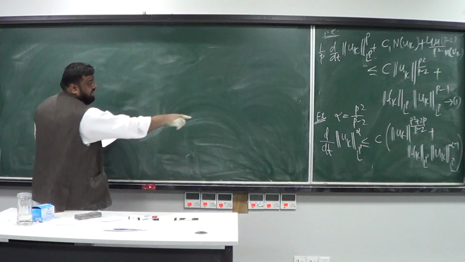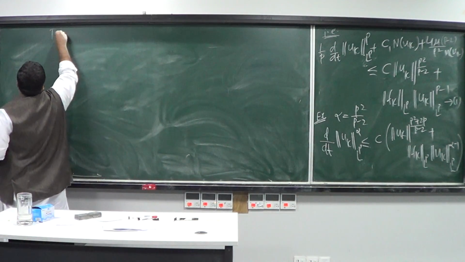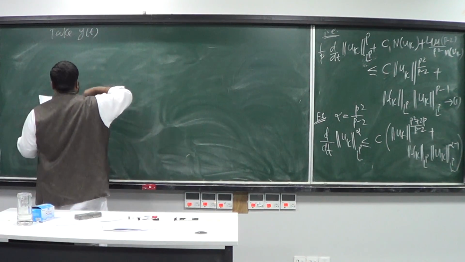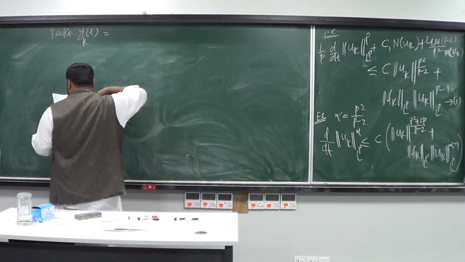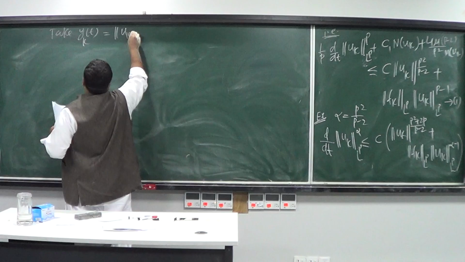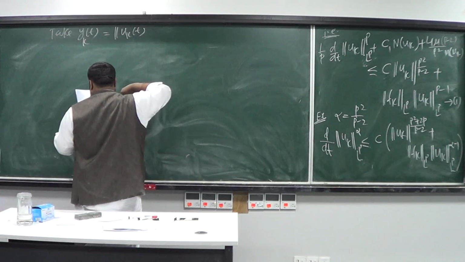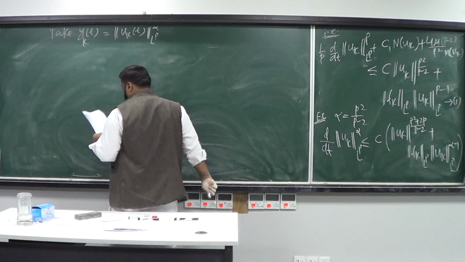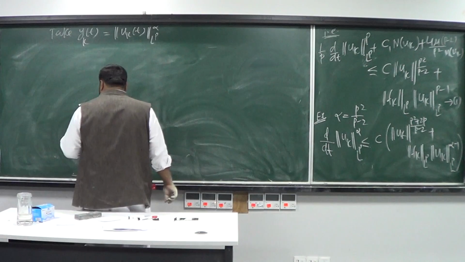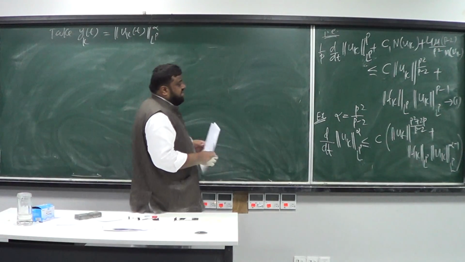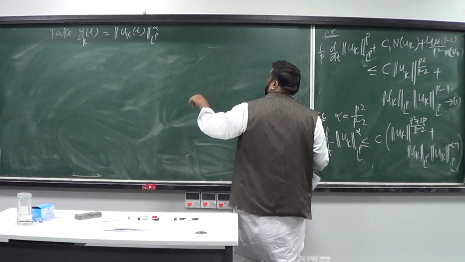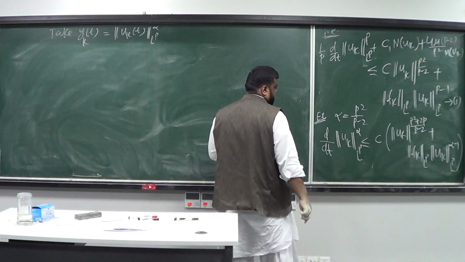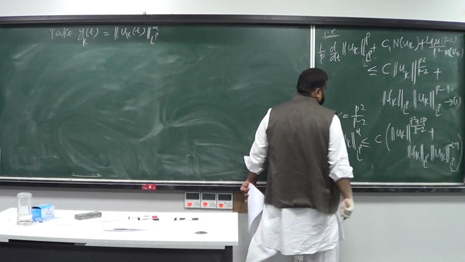So, in the last inequality, take y of t, or yk of t, as, say, the LP norm of uk(t) power alpha. Okay? And integrate, and obviously the alpha you have to remember is p squared over p minus 2. Okay? And this term is also present here.